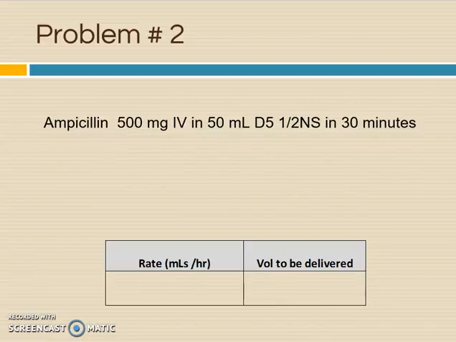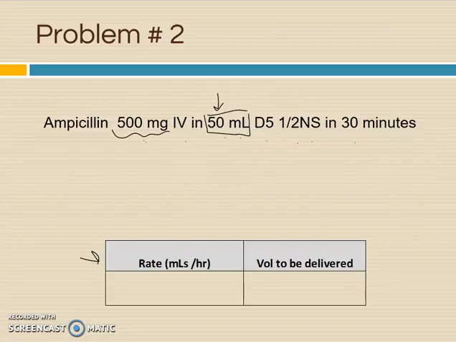Another problem, 500 milligrams IV in 50 mils of D5 1/2 normal saline in 30 minutes. One thing you need to understand is that this 500 milligrams does not matter to the pump. The pump doesn't care what you put in the bag. All it wants to know is the volume.